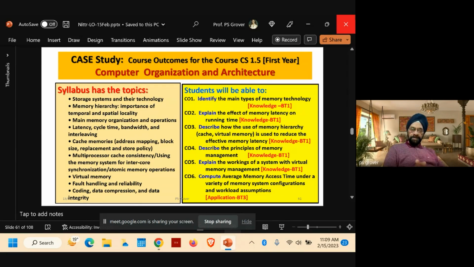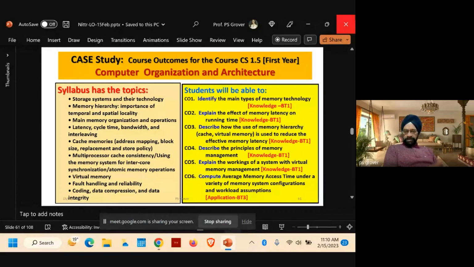Now here I have given you one style of representing course outcomes. The course outcomes I have given are emphasizing only the lower three levels: application, understanding, and remember. Now, this is okay, this is a first year paper, for first year students.